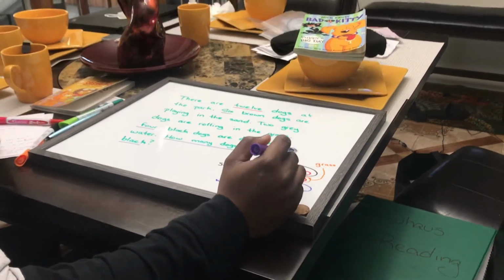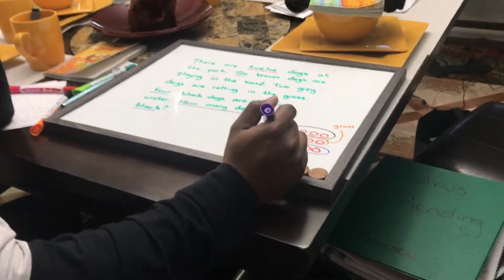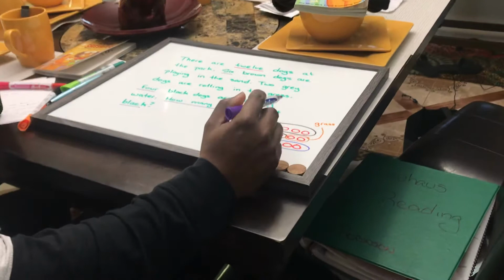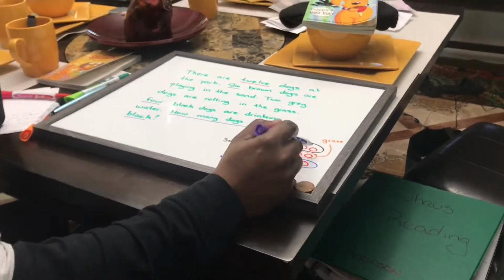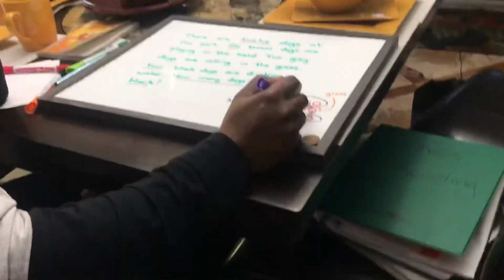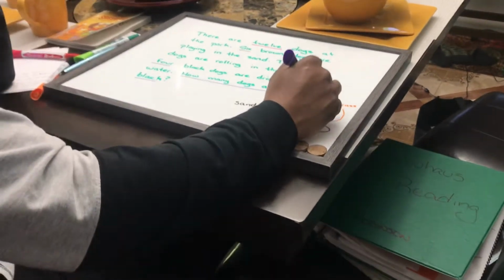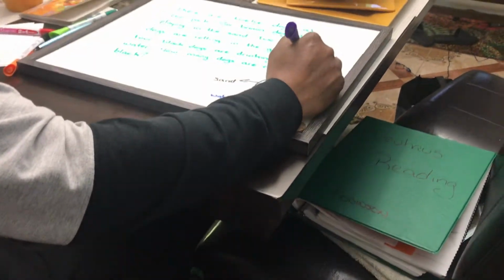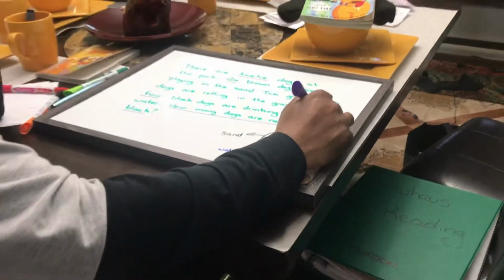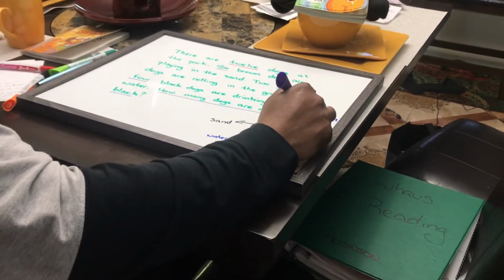Well, now that we've already separated and we know that the 4 black dogs were drinking water, all the rest of these other dogs that were in the grass or playing in the sand, we can count them: 2, 4, 6, 8. So that means that there were 8 dogs that were not black.